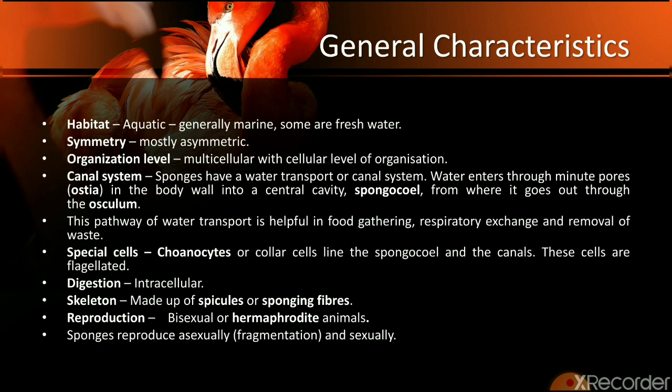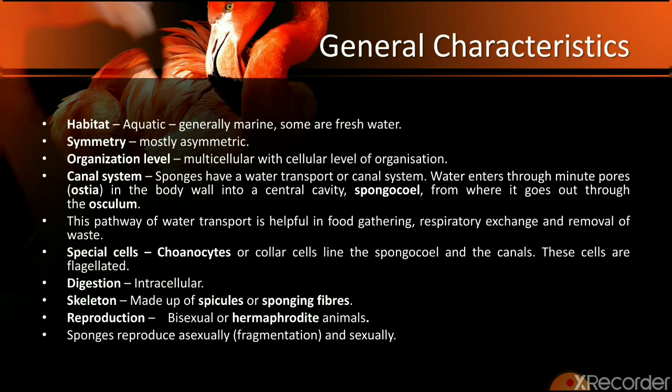This pathway of water transport is helpful in food gathering, exchange of respiratory gases, and removal of waste materials from the body. They have a special kind of cells, choanocytes or collar cells, which line the spongocoel and the canals. These cells are flagellated.